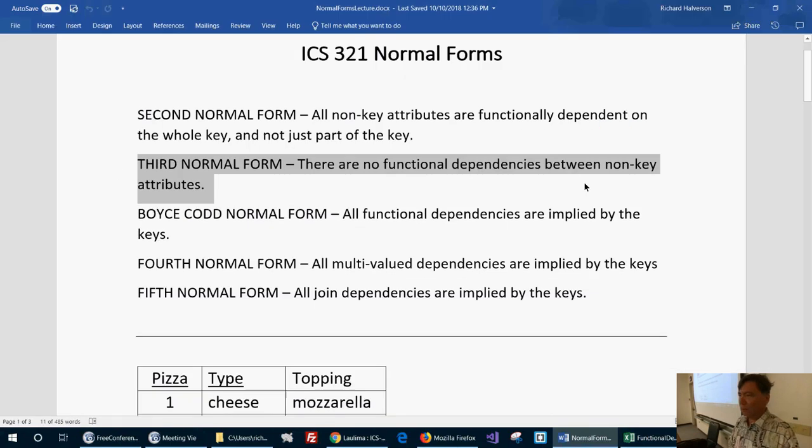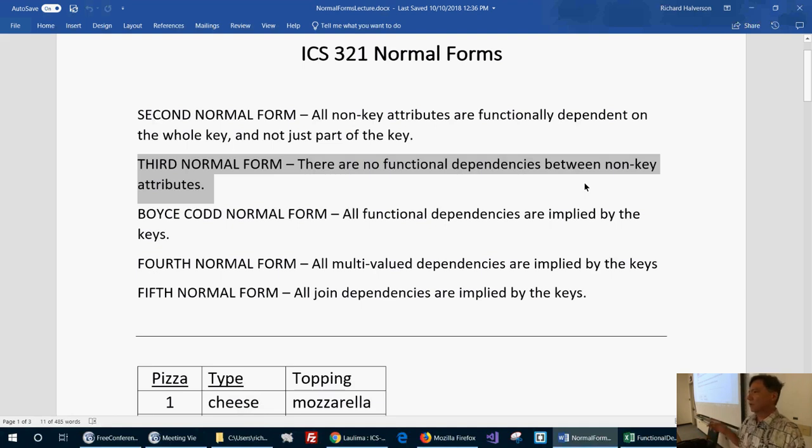So you recall, in a table that may have names and addresses, if the zip code and the city, or the zip code and the city and the state, are attributes in that table, that table is not in third normal form because, as we know, the city and the state depend on the zip code.